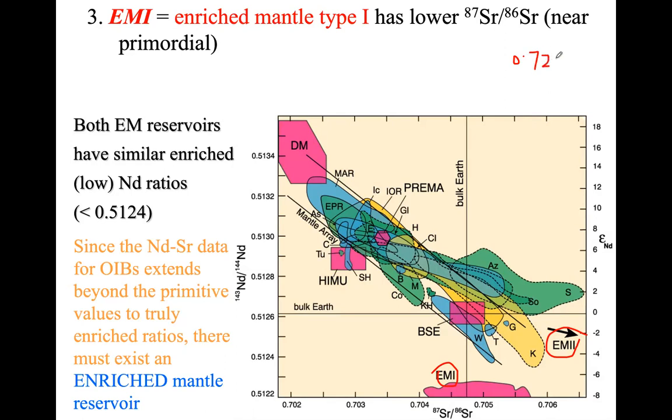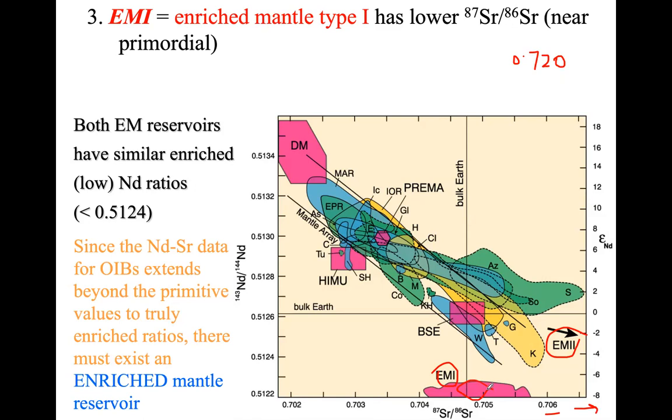That means you can imagine how enriched that is. This is still 0.706, right? So 0.72 means it's farther away. And EM1 has around 0.705 average composition. So in comparison to the EM2, EM1 is not that enriched in terms of strontium isotopic compositions, right?